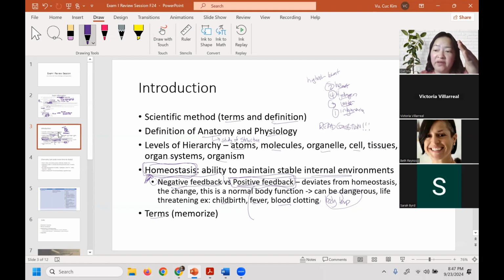Even though, can you die from a fever? Absolutely. Can you die from childbirth? Absolutely. Can you die from blood clotting? Yes. But these options are better than the other option. So positive feedback is a needed process of the body, but it does cause you to deviate away from homeostasis.